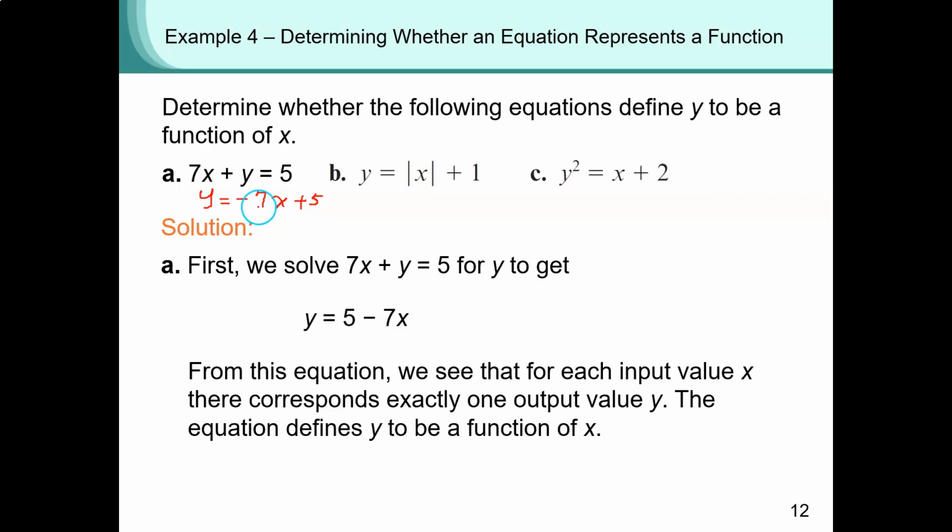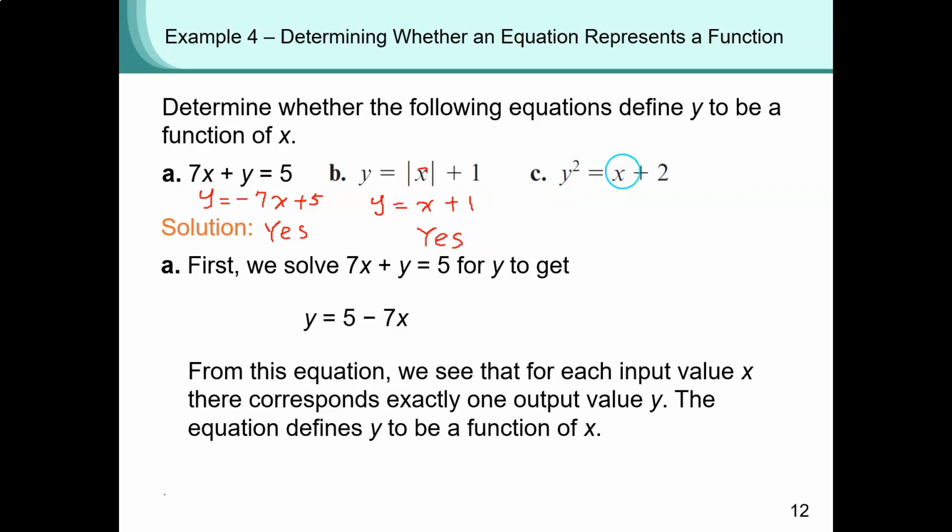You have a slope of negative 7 and the y-intercept at 5. So yes, this is a function. Look at B. y is equal to the absolute value of x plus 1. When I rewrite the equation and remove the absolute value, it turns into a positive x plus 1. So y is equal to x plus 1. It turns into a linear function as well. So yes, this is a function.